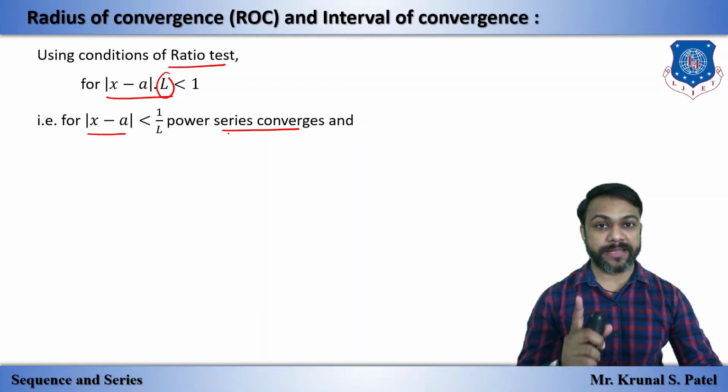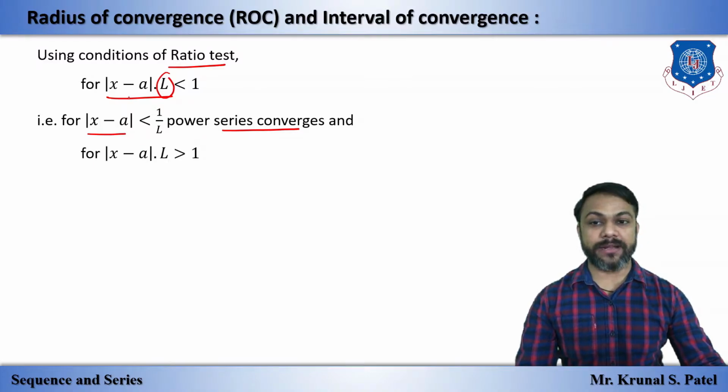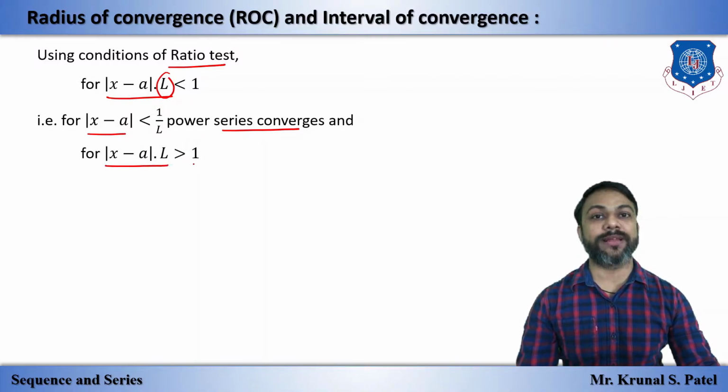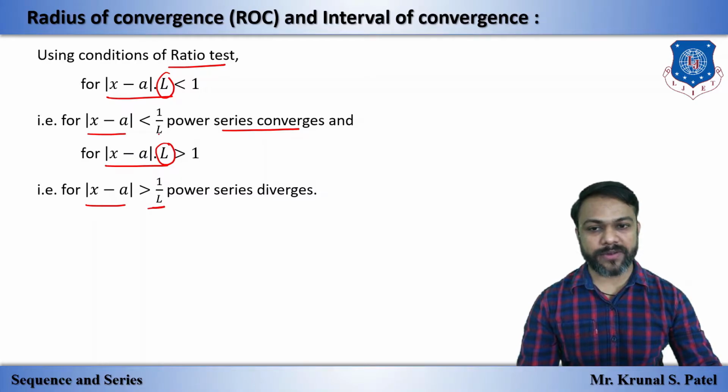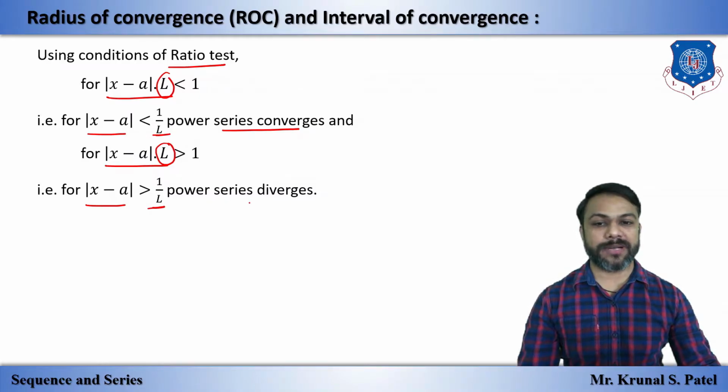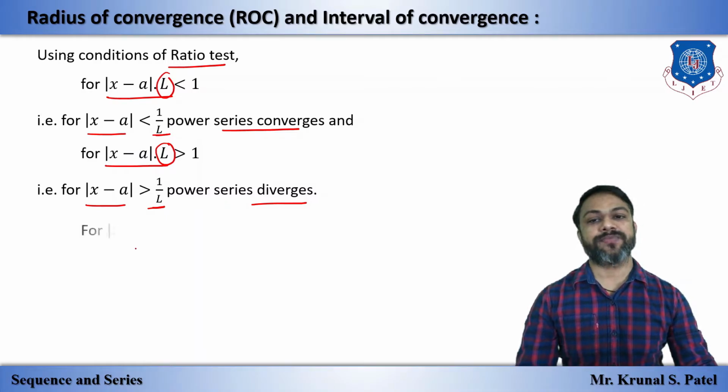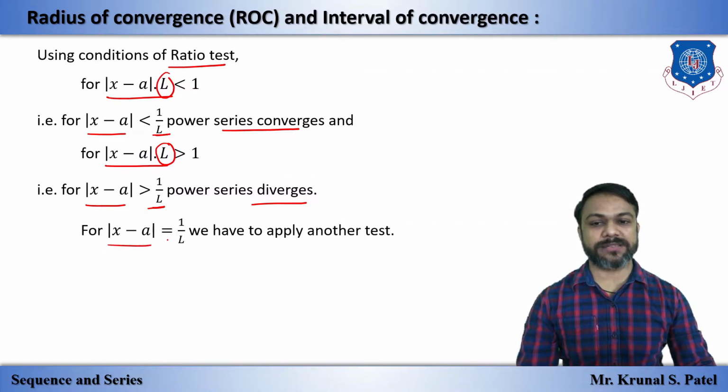Pay more attention here. Number 2: if mod x minus a into L is greater than 1, taking L to the right hand side, mod x minus a is greater than 1 by L, then the power series is divergent by the ratio test. And if mod x minus a equals 1 by L, then we will apply another test. Why 1 by L?